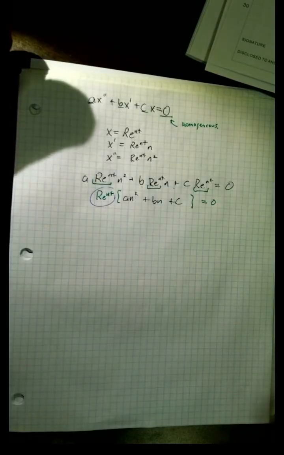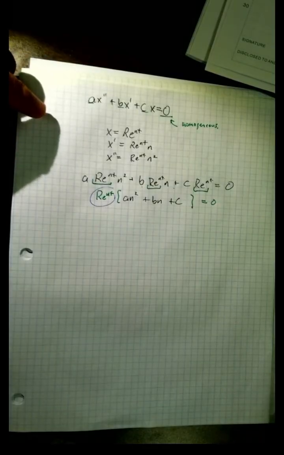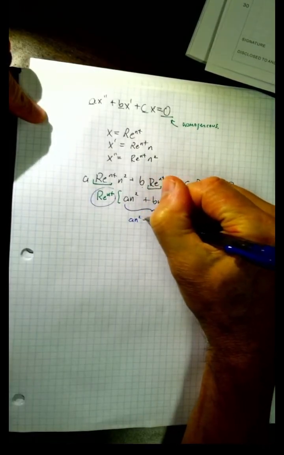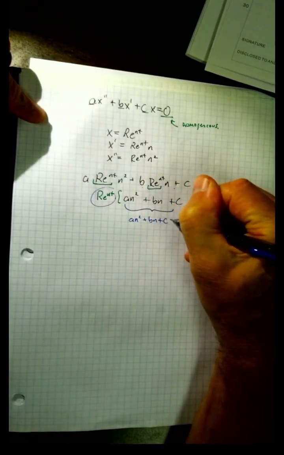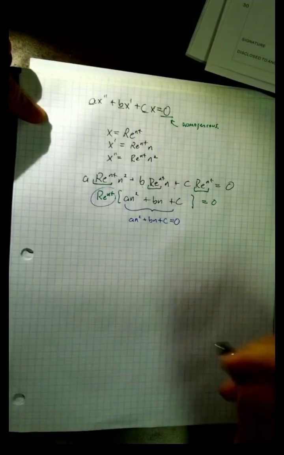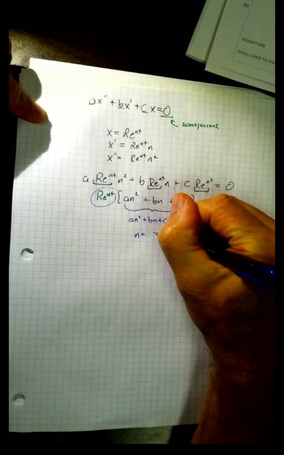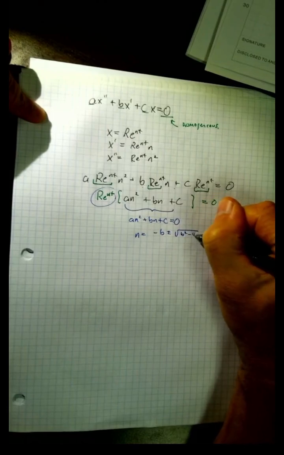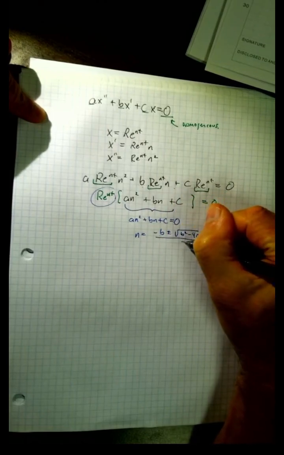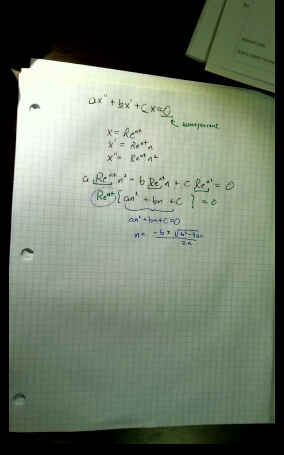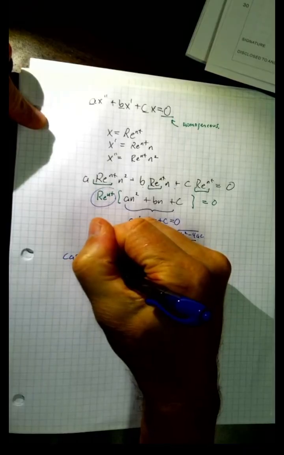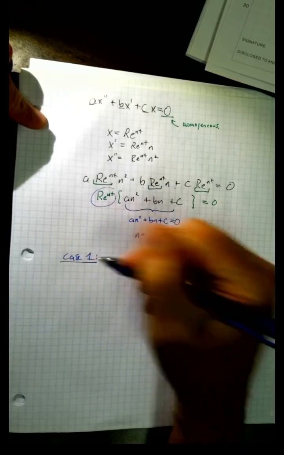We don't want r to be 0, otherwise there's zero solution. So we require that this is 0, which means then that n is minus b plus or minus the square root of b squared minus 4ac all over 2a. Right? And we get that from the quadratic formula. And as we saw last time, there's 3 cases.